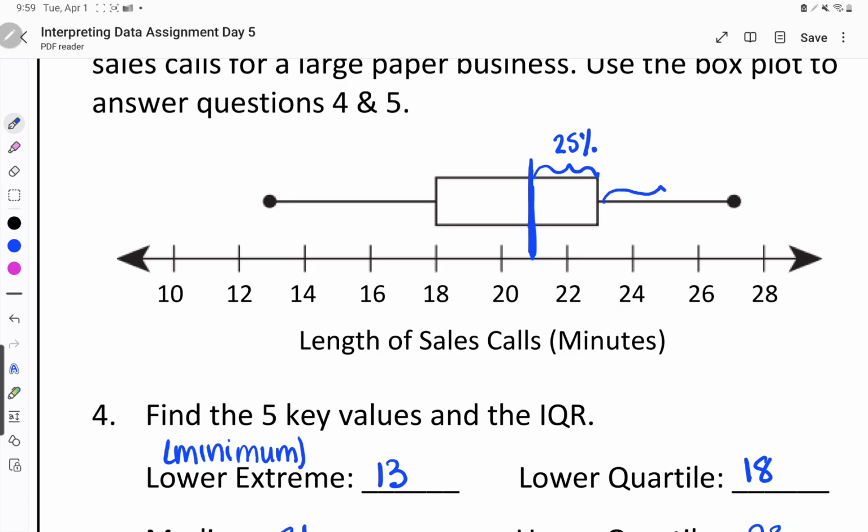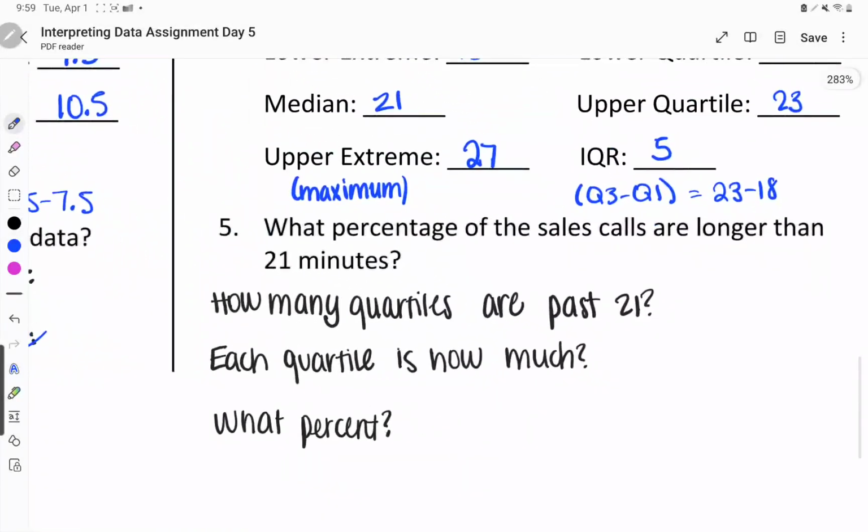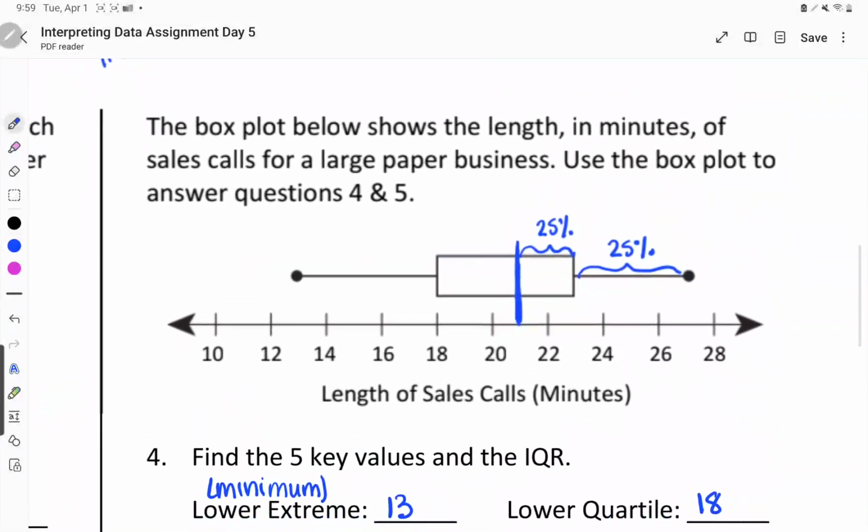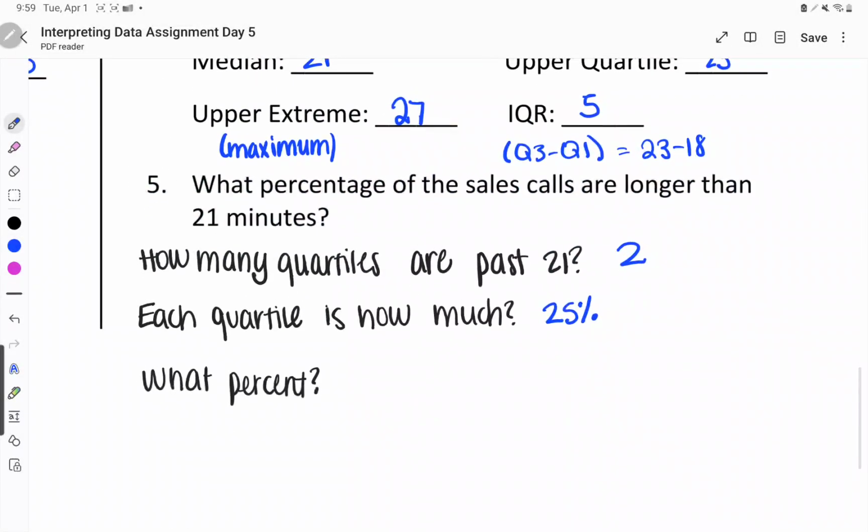And this right here is what percent? 25%. So how many quartiles are past 21? 2 quartiles. Each quartile is how much? 25%. And then since I have 2 quartiles that are both 25%, that gives me a total of what percent? 50%.